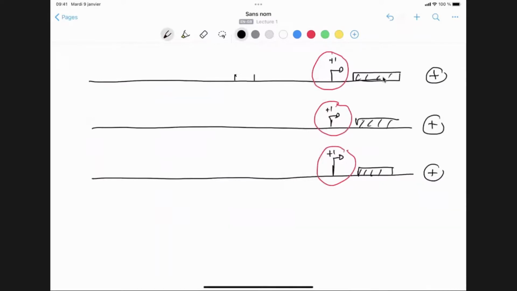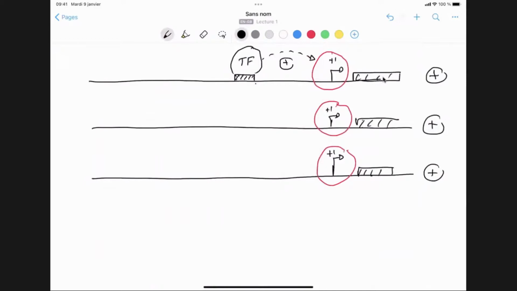You can have one cis element here in the first case that is going to be recognized by a transcription factor, and because DNA can bend, activation is okay. Do you follow me? Yes or no? Yes. Okay. You can play, and I will show you real experimental data after.